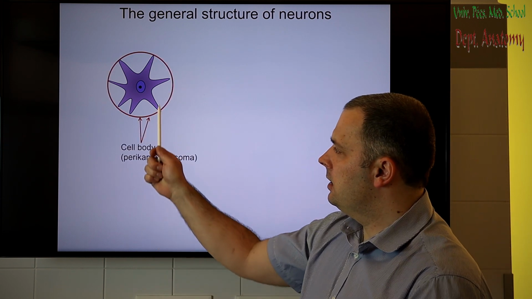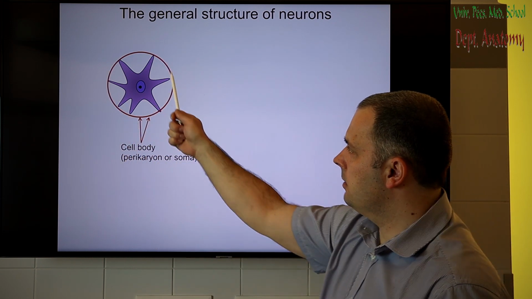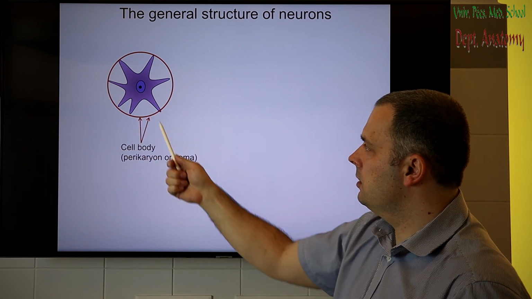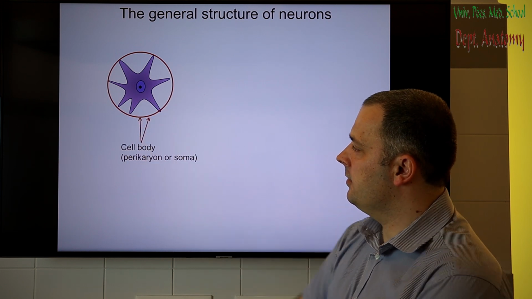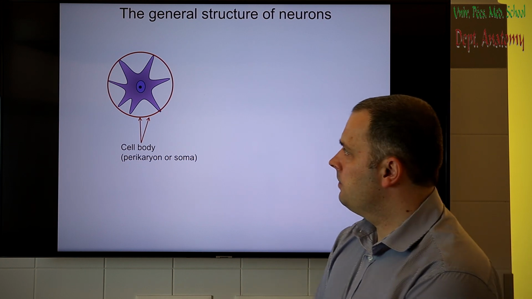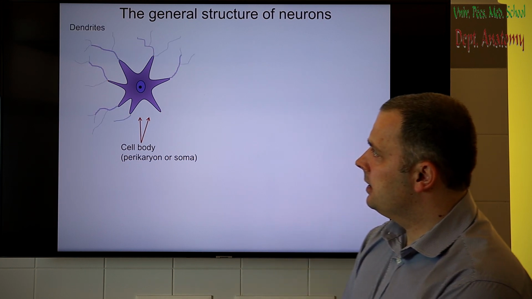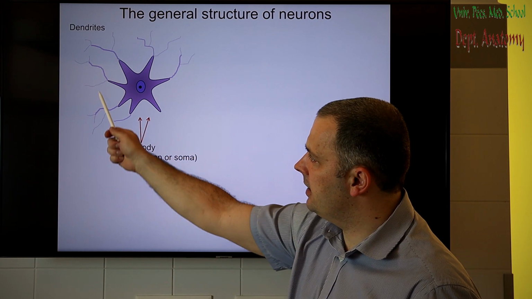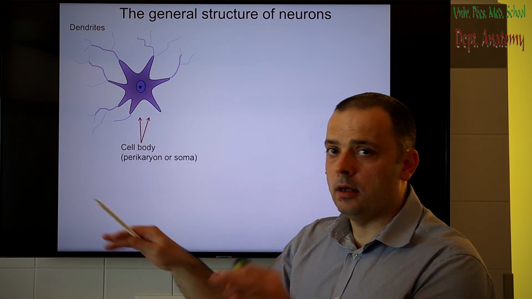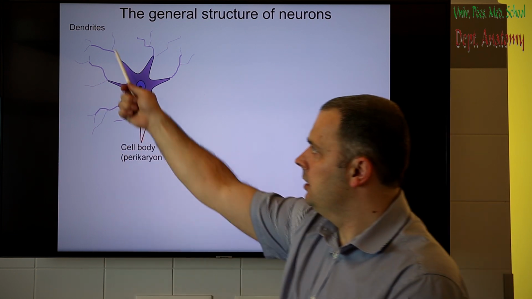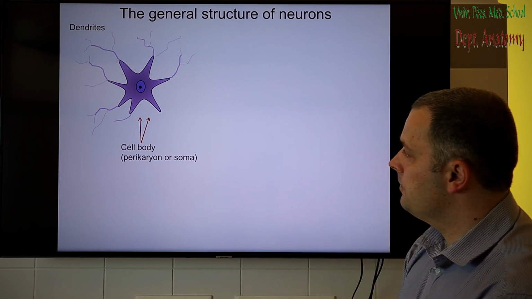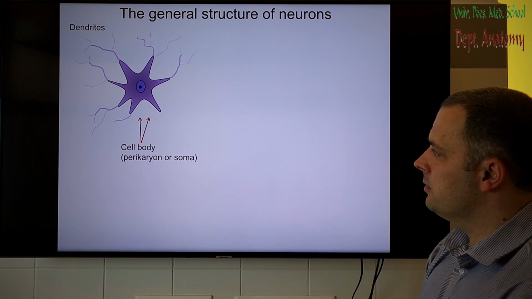And the cell body has a couple of processes which we call dendrites. These dendrites divide multiple times. They are like branches of a tree. That is the origin of the nomenclature of the name also.